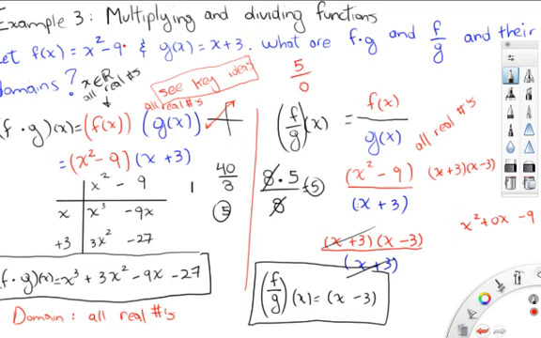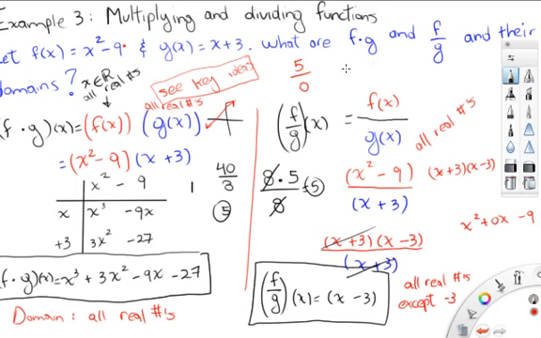You have to think what number would make my denominator 0. And the correct answer is -3. Because of that, our domain should be all real numbers except -3.